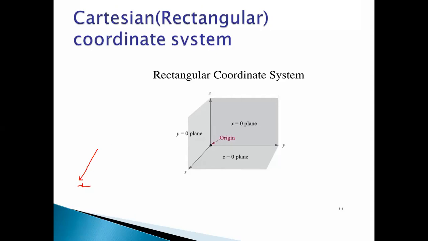X axis, right? Then y, and this vertical is z. So what is angle between x and y axis? 120. 120 degree. Okay, anyone else? 90 degree.